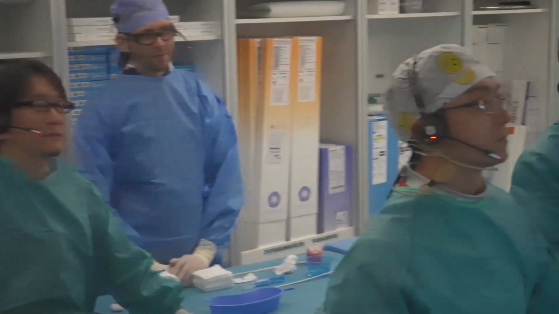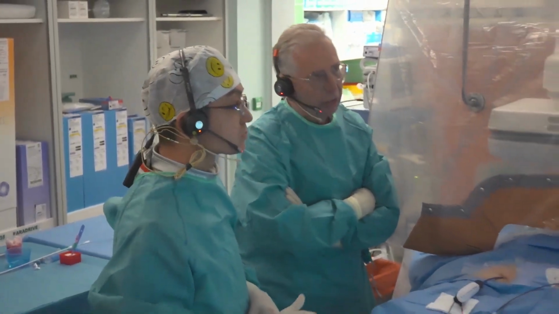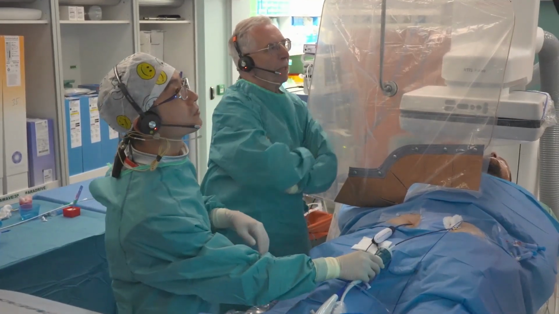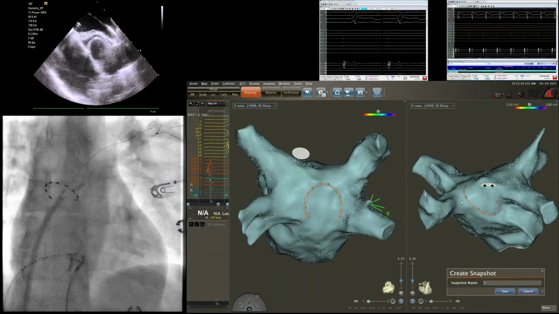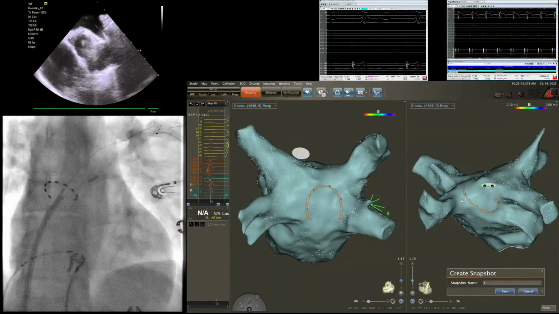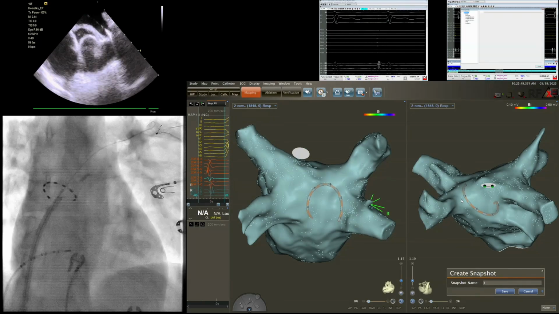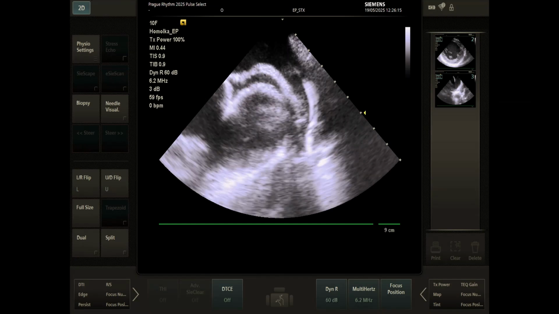So Toshi will show you how we manipulate the ICE catheter in the left atrium. As we mentioned, Fermin had a very nice presentation yesterday about the ICE, and ICE in the left atrium could be for the pulsed field technology now coming standard, okay?